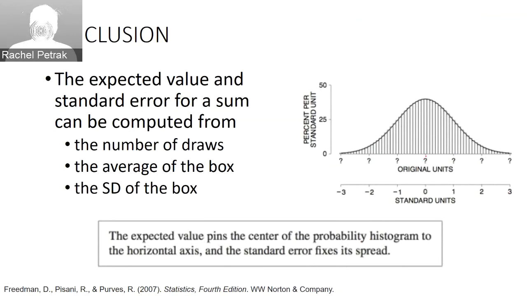Our expected value will be here. And the standard error fixes the spread here. So here we have one standard unit, two standard units. What is the distance here? What's the size? It's one standard error.